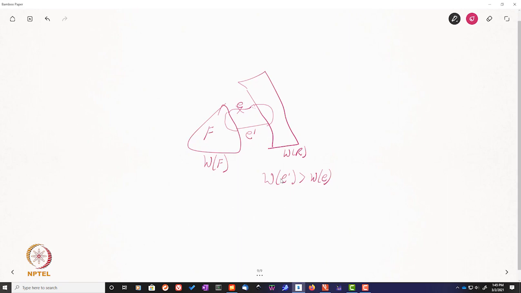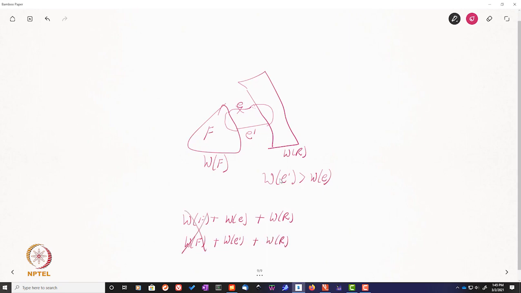The tree that has E, its weight is WF plus the weight of E plus the weight of the rest of the tree. And the tree that has E dash, its weight will be again the weight of the fragment plus its own weight, because at that point edge E will not be there, plus the weight of the rest of the tree.